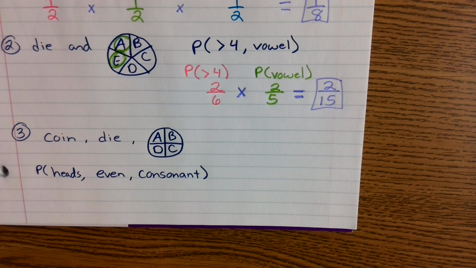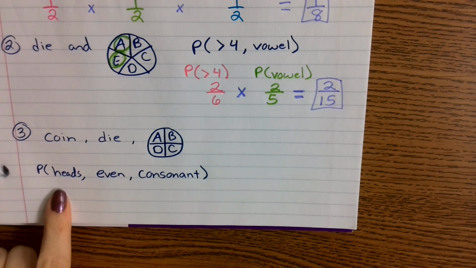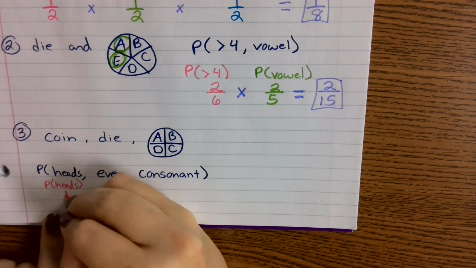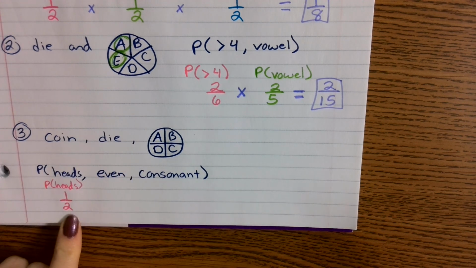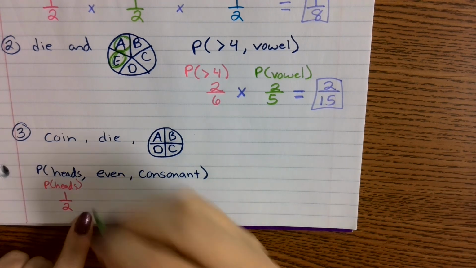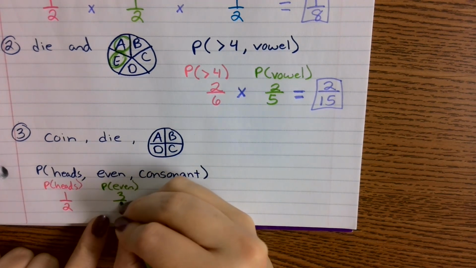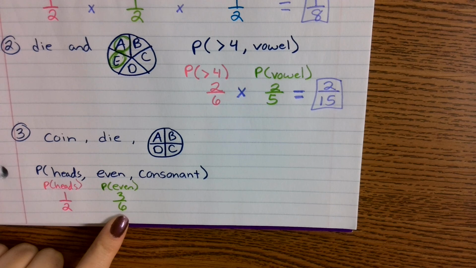All right, who can raise their hand and tell me what they got? What's the probability? Abby? 3/16, correct. The probability for heads is 1/2. The probability that the die will land on an even number is 3 out of 6, or 1/2.